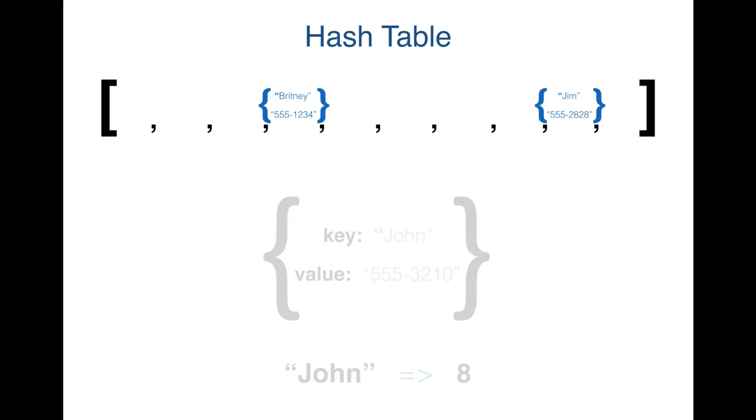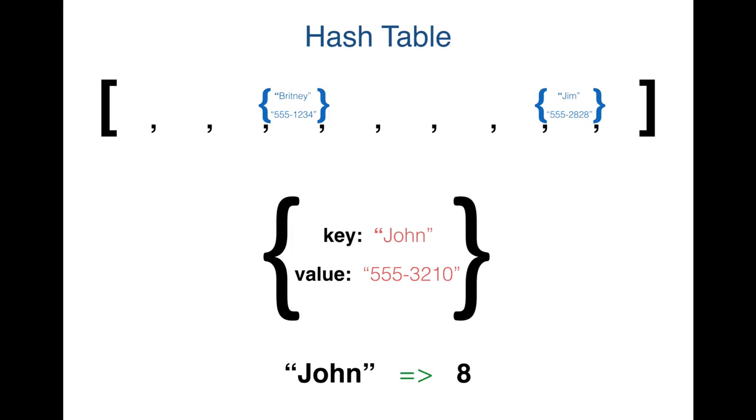So let's say we want to add John and his phone number to our hash table. For the sake of this example, let's say that his key, John, also hashes to the bucket number 8. Since Jim's data is already in bucket number 8, we would simply start a chain at bucket 8 and link John at the end of the chain, like this.